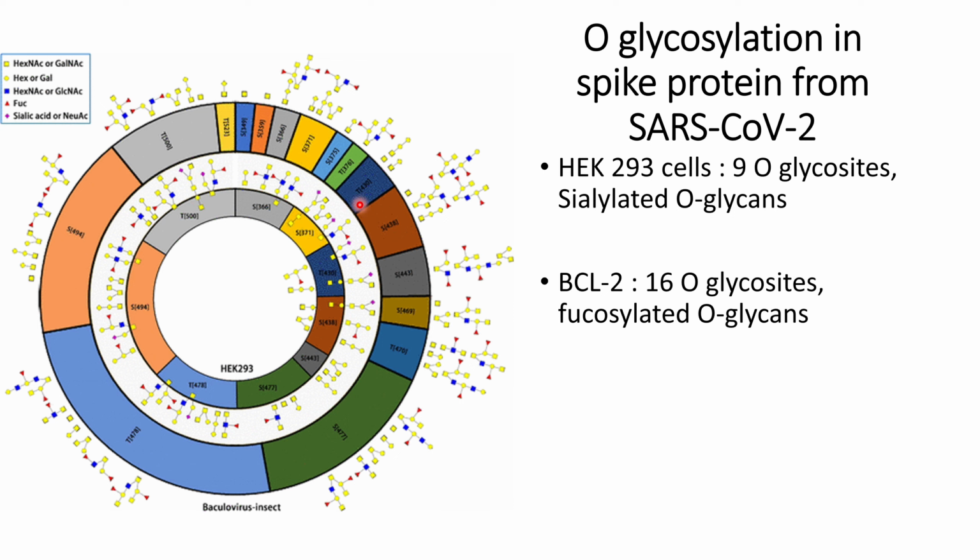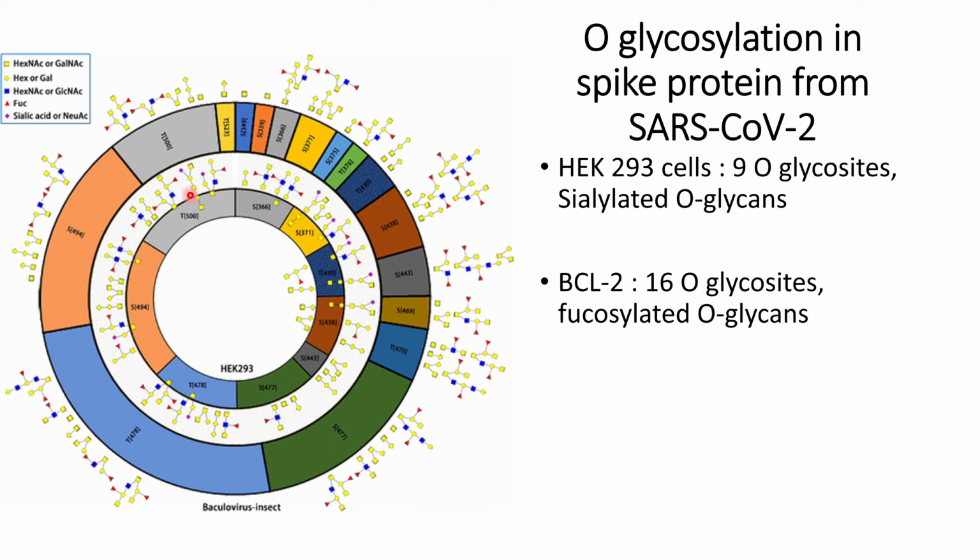These are the sialylated glycans, and this is expected, as insect cell lines, that is Baculovirus insect cells, do not have the capability to form sialylated glycans. That's why we do not see any sialylated glycans in the spike proteins expressed from the BCL2 cell system.